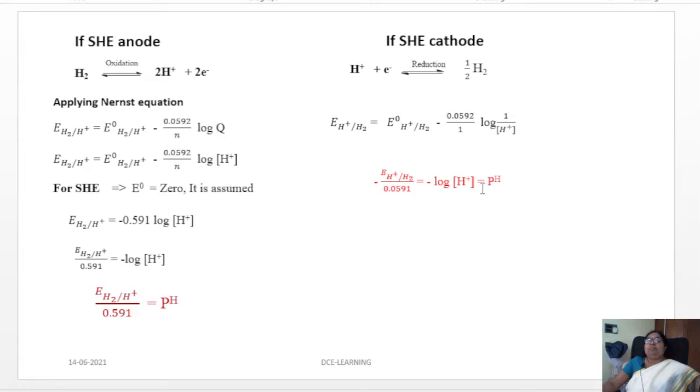So pH equals E of the cell divided by minus 0.0591. By using this relationship we can easily calculate it with an indicator electrode, which we use when going for the EMF measurement of solutions.